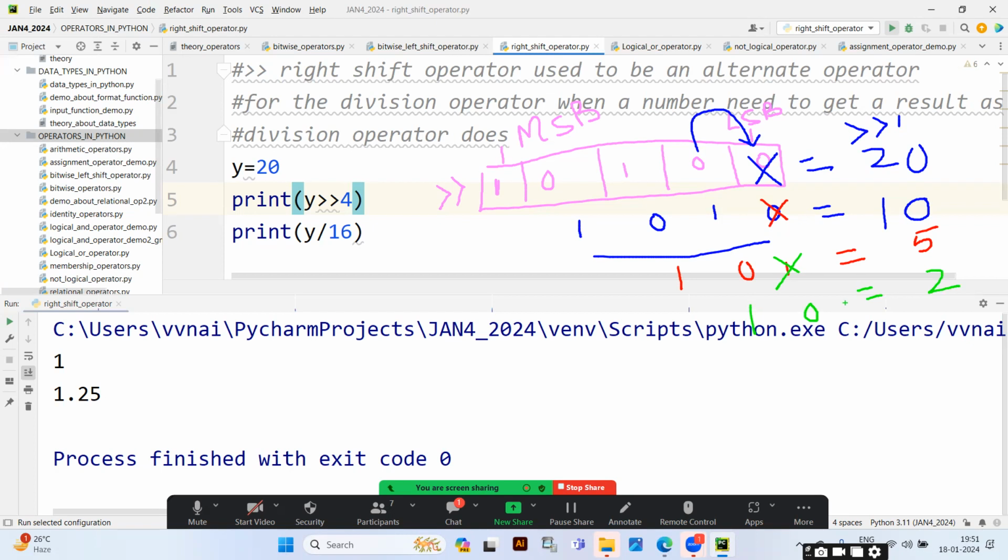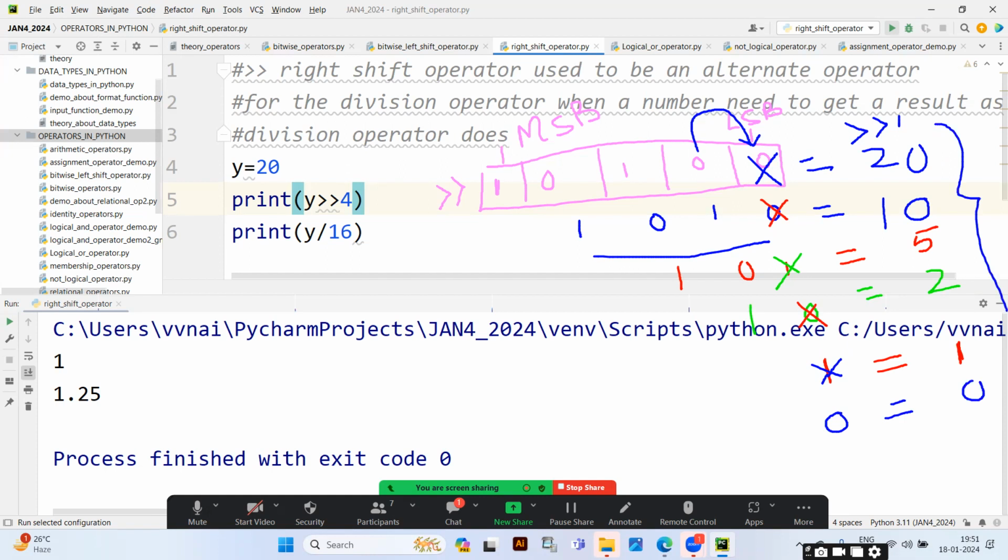When you perform 4 times right shift, again this 0 vanishes. Only 1 is left over, which is 1. If you perform the right shift again, this 1 is also gone. Only zeros are left over.